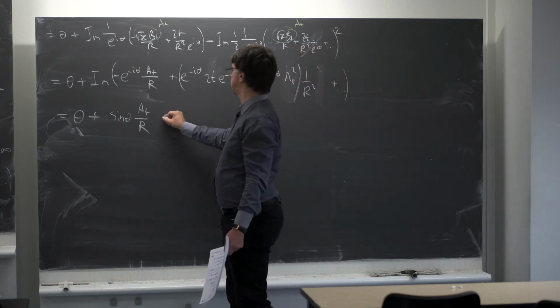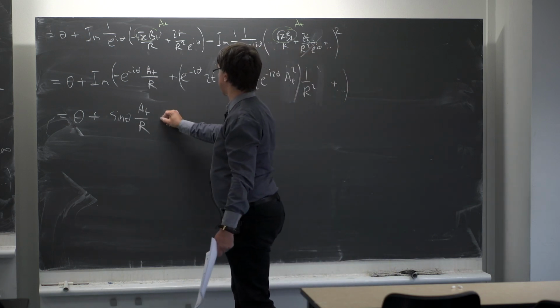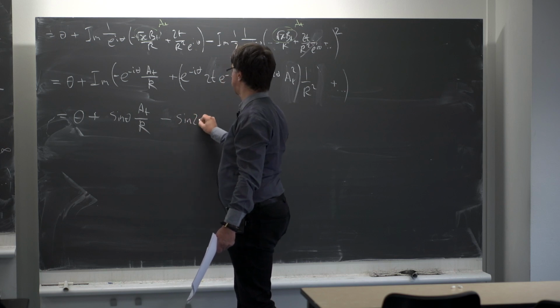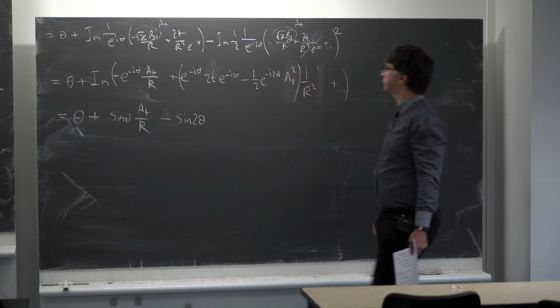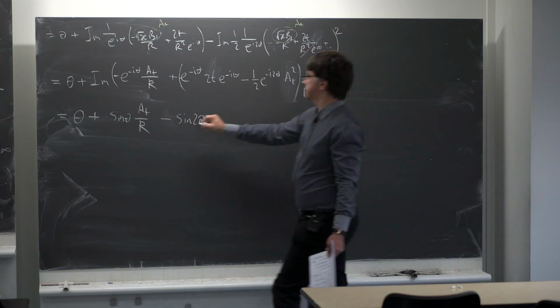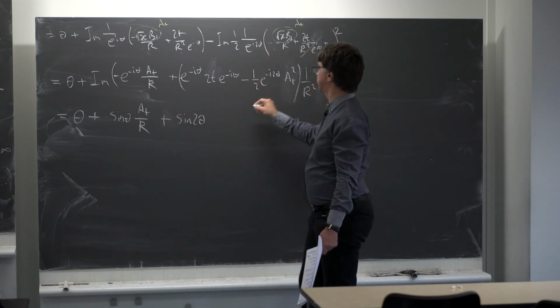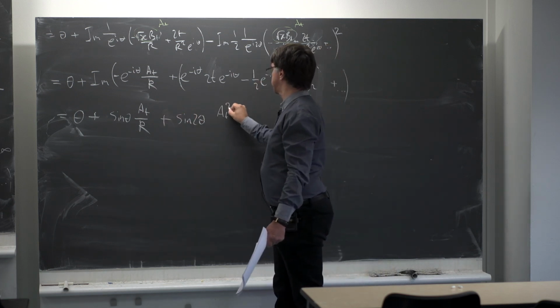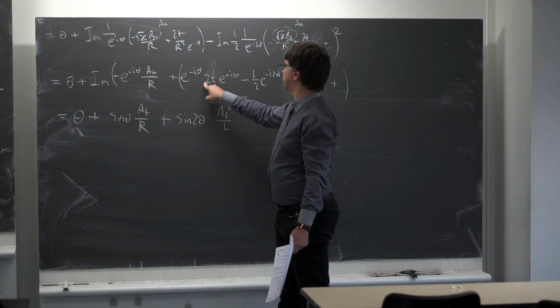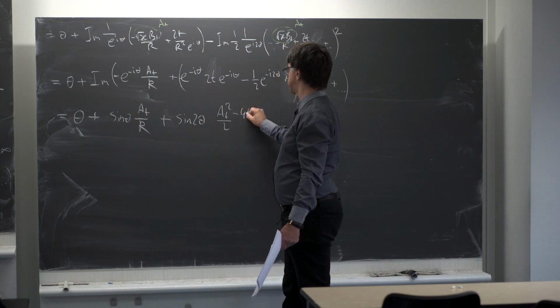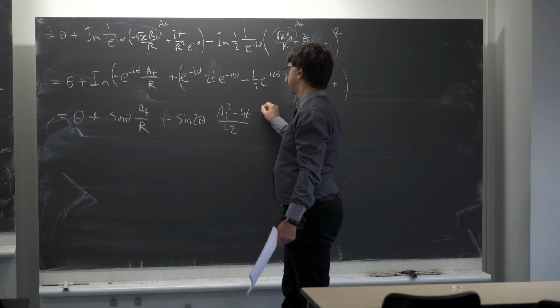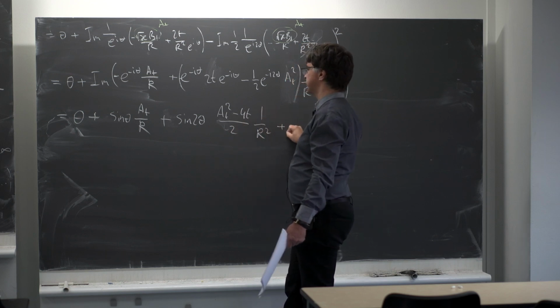So this thing will be minus sine twice theta, imaginary part. Well, here is minus sine, so it's plus, and I will get AT squared over 2, and this is with minus goes minus 4t. So 1 over r squared, plus smaller order terms.